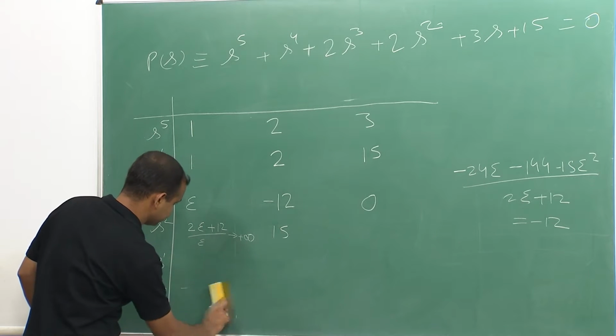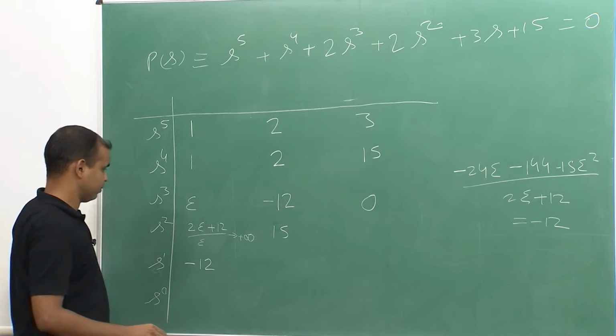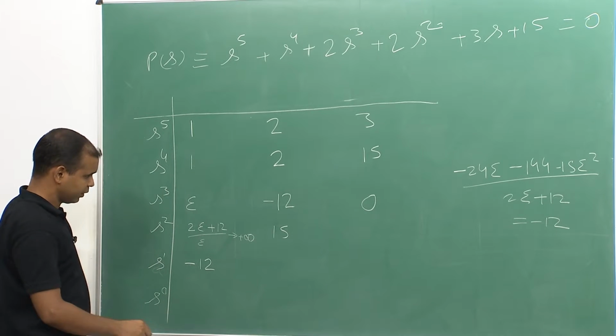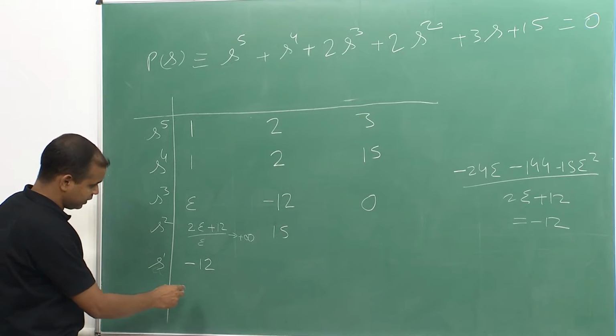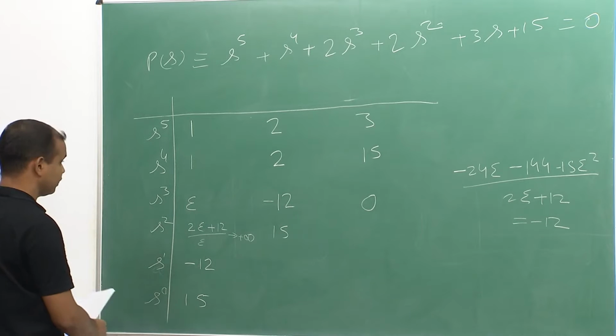So, I can write here directly minus 12, and here I will get 15.